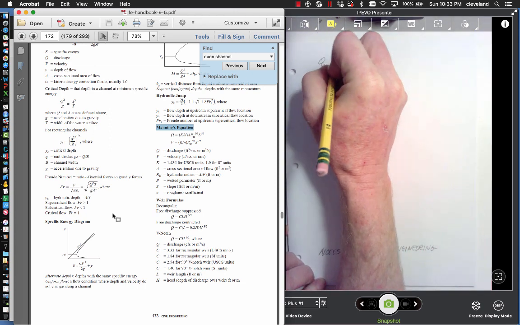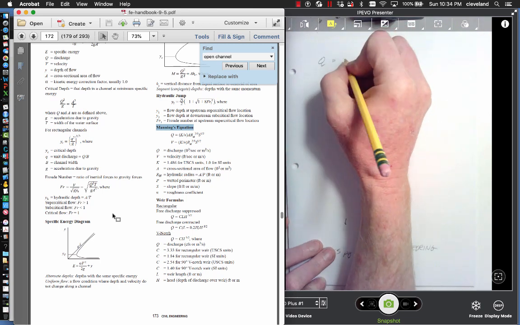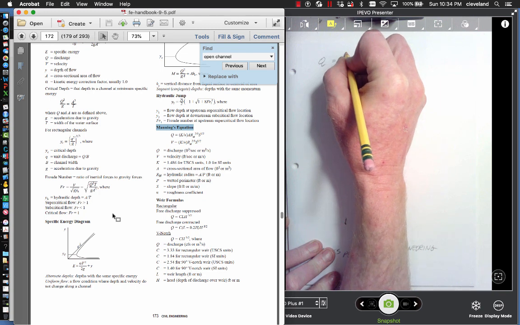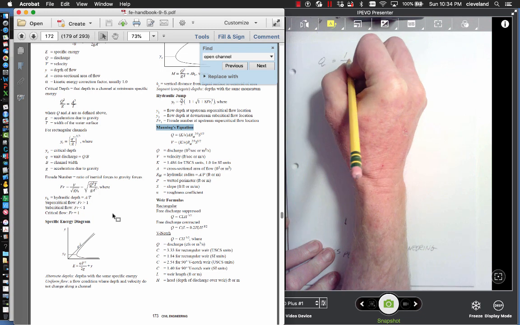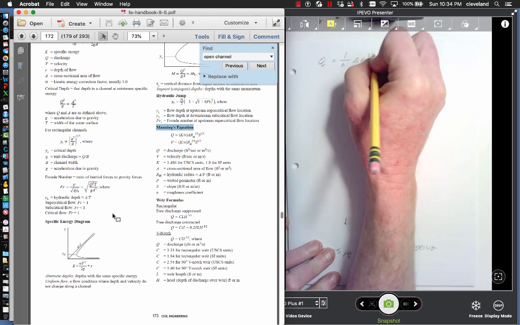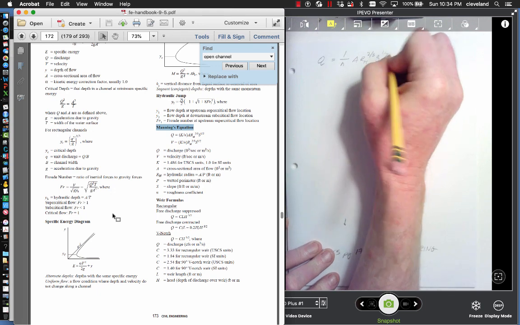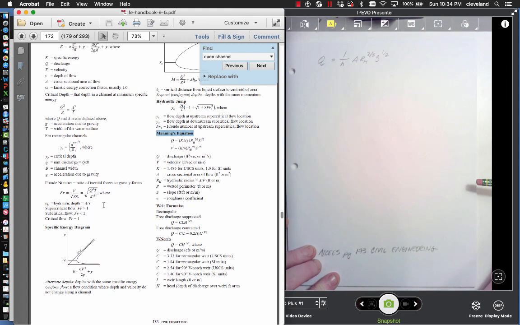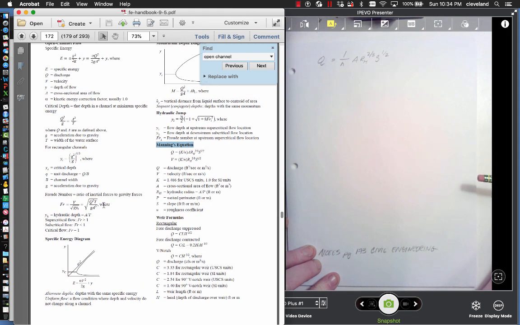Q equals K over N. This problem is stated in meters, so it's 1 over N A R sub H to the 2/3 power, S to the 1/2 power. The slope S is the slope of the hydraulic gradient.